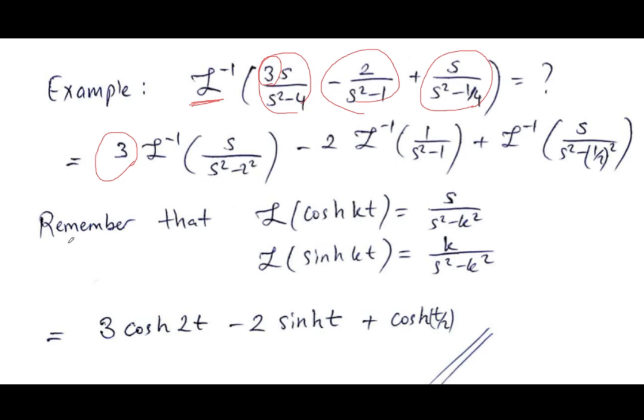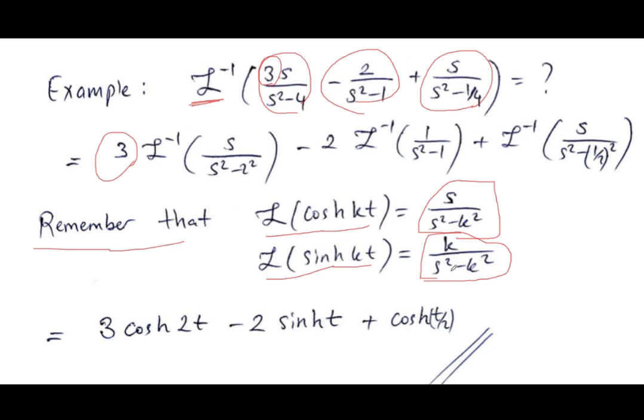But we will remember from our last lecture that for the hyperbolic cosine kt, the Laplace transform is given as s over s squared minus k squared. And similarly for the hyperbolic sine k times t, we remember from our previous lecture that this Laplace transform equals k over s squared minus k squared.